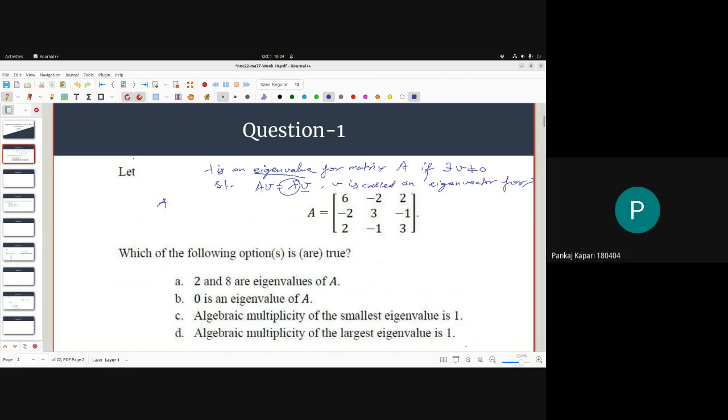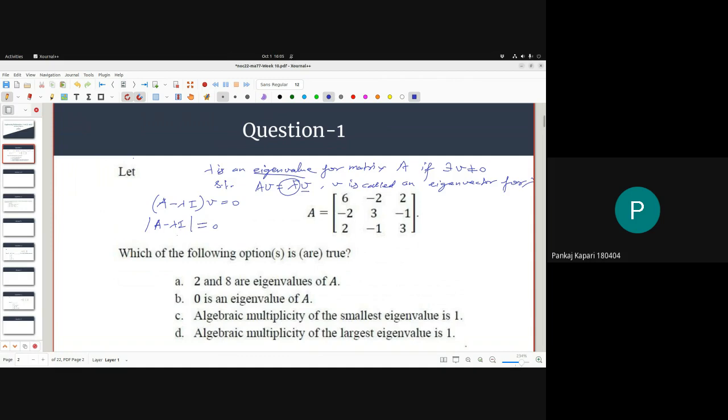For finding these values of lambda, the eigenvalues, we have observed that whenever AV is equal to lambda V, we must have A minus lambda times the identity matrix multiplied with this vector V equal to 0. Because we want non-zero vectors satisfying this system, we must have the determinant of A minus lambda I equal to 0. If the determinant is non-zero, we will have a unique solution, and that solution is the zero vector.